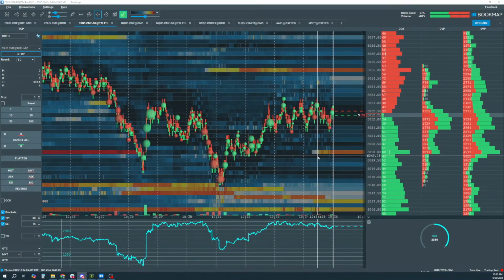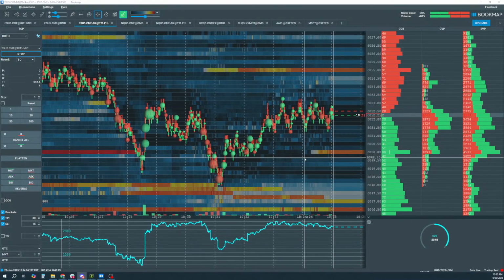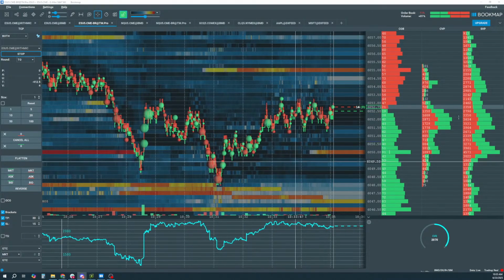All right, well, that's okay. We can look at smaller structural stuff in here and hone our skills in the order flow.